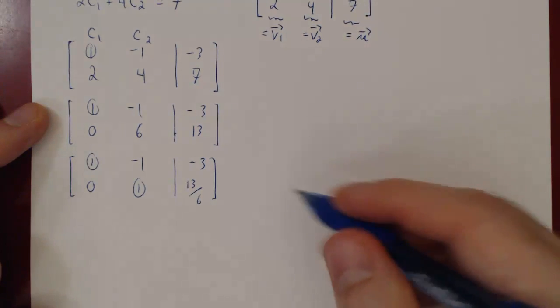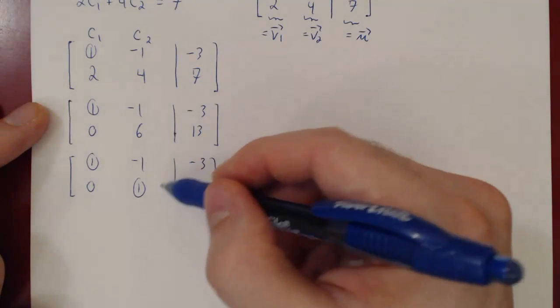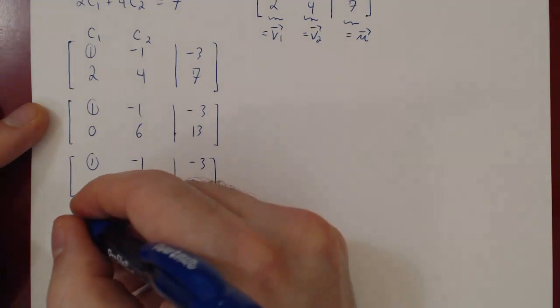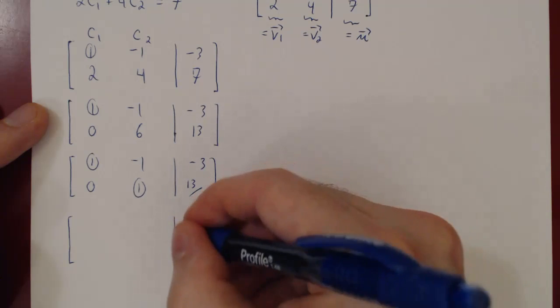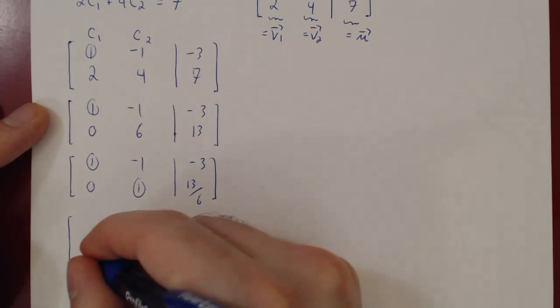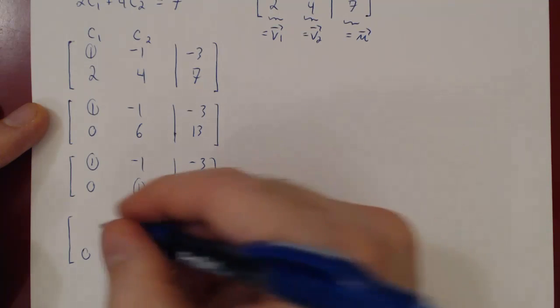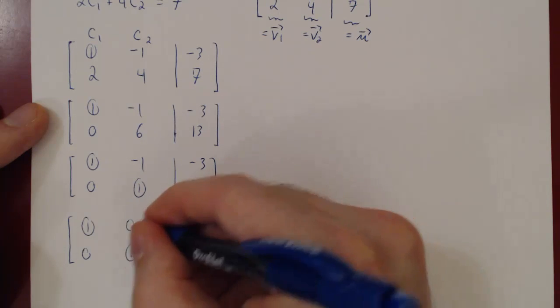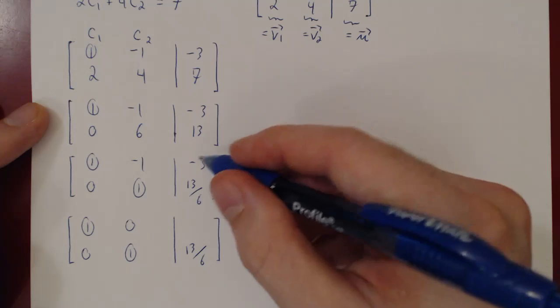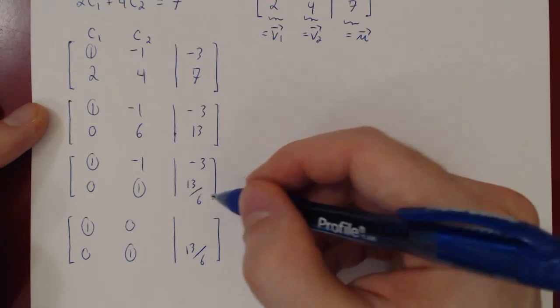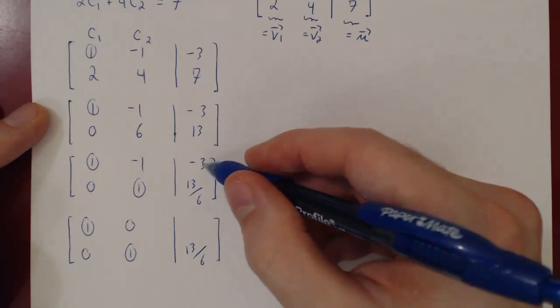Finally, let's get the reduced row echelon form. Let's do row 1 plus row 2. Recopy row 2 as we're not changing it. The matrix A becomes I, and we did -3 plus 13 over 6.